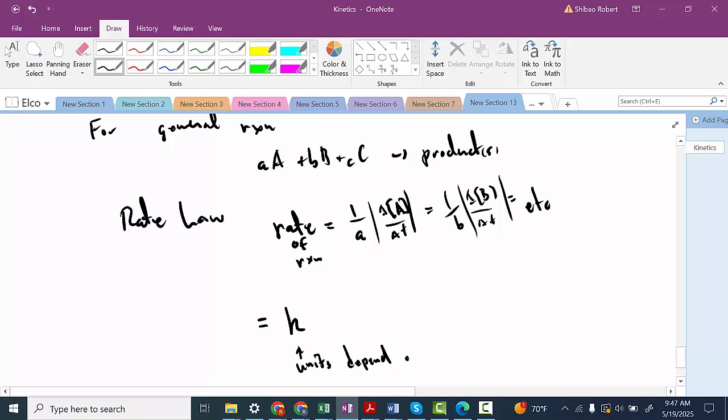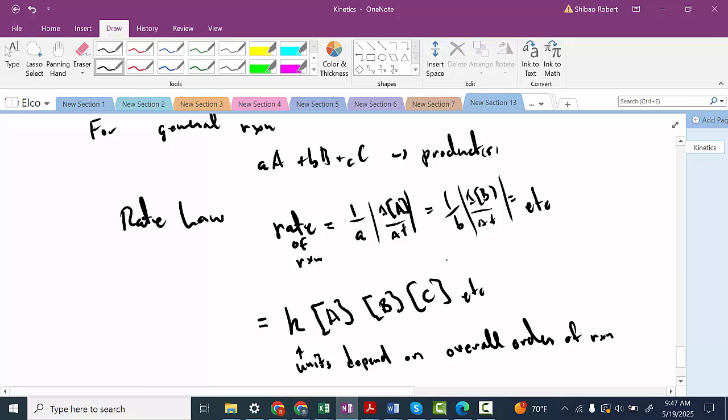The units of k depend on something called the overall order of reaction, which we'll talk about in just a sec. The rate law depends on the reactants A, B, C, etc., however many reactants we have.